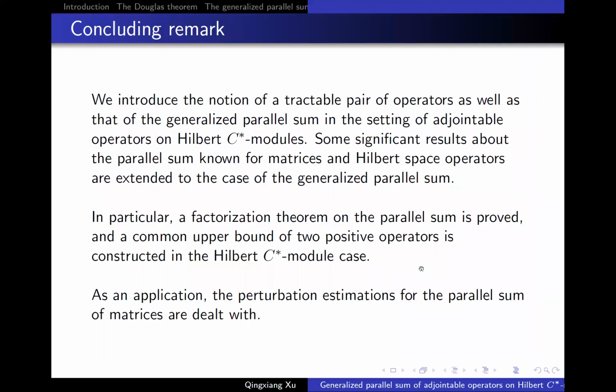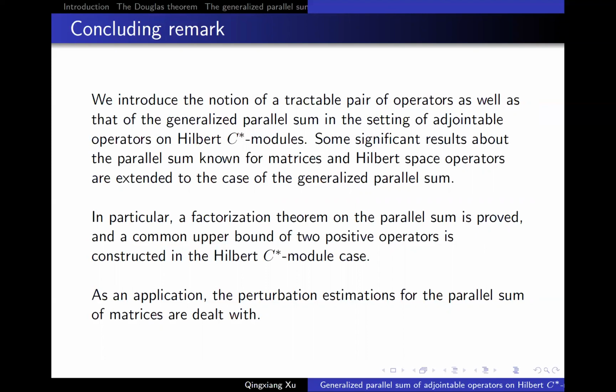Okay, so let me make a concluding remark. We introduce the notion of a pair of operators as well as that of a generalized parallel sum in the setting of adjointable operators on Hilbert modules. Some significant results about the parallel sum known for matrices and Hilbert space operators are extended to the case of the generalized parallel sum.